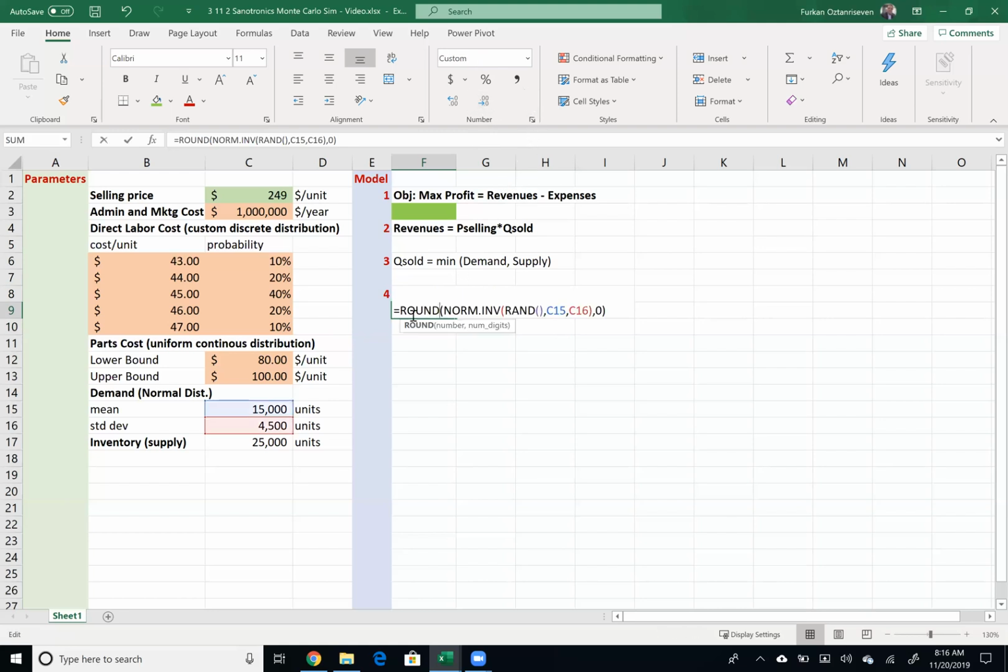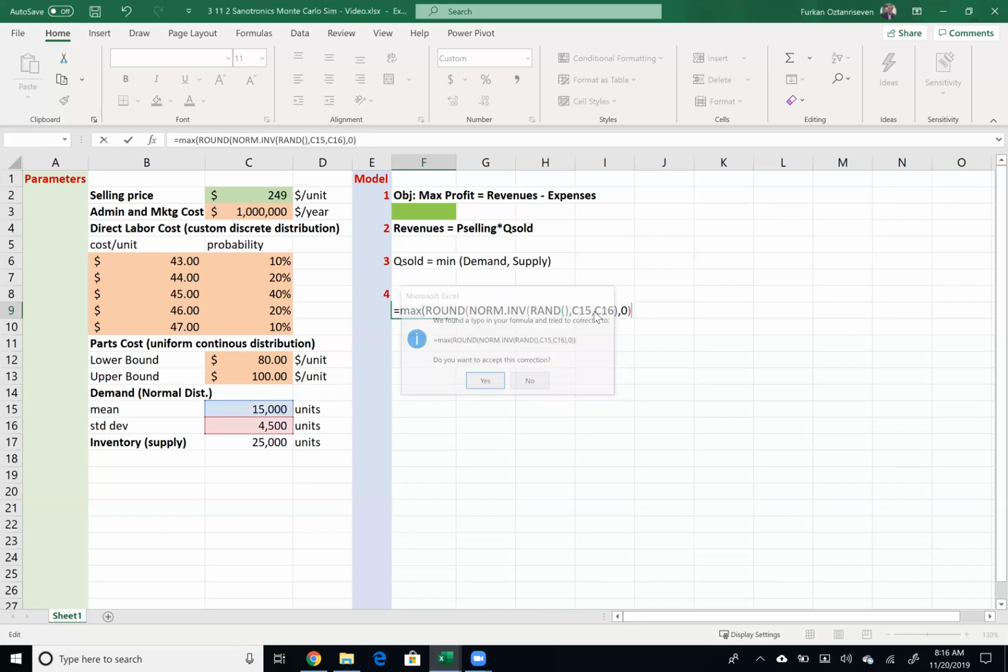Okay, another issue with normal distribution is that it's a bell curve. The tails go to positive infinity and negative infinity. However, I know my demand cannot be negative. So to be able to eliminate that, I will use the max function, and then I will compare this number that I generated versus 0.